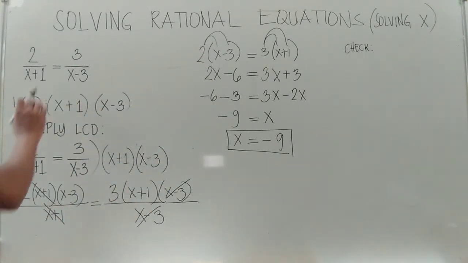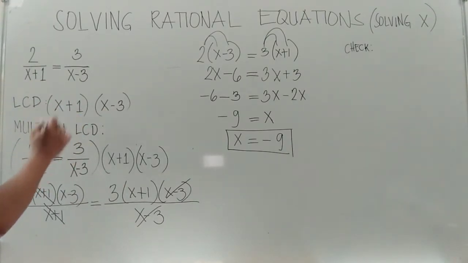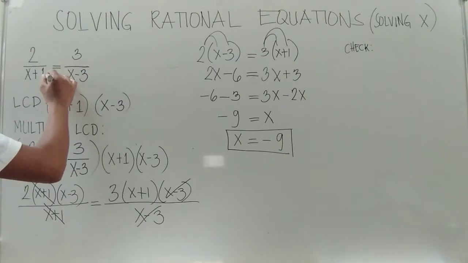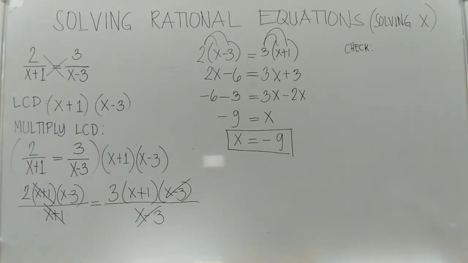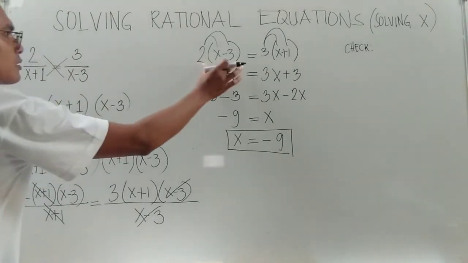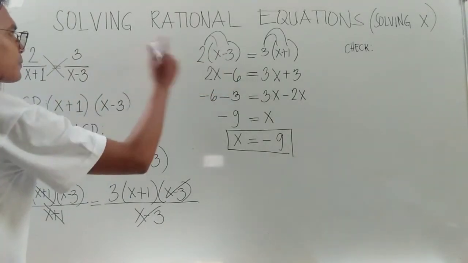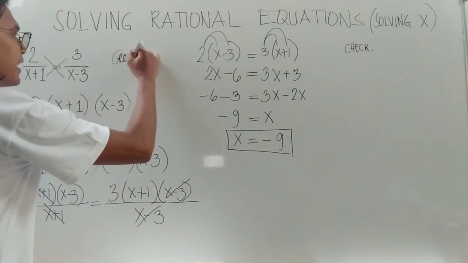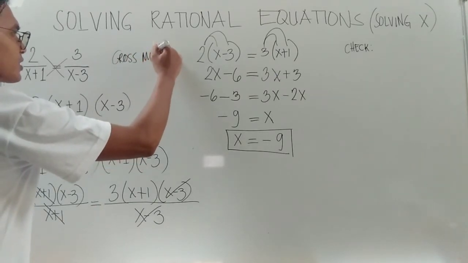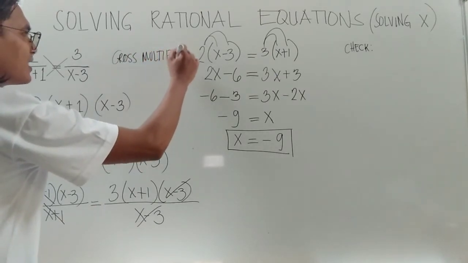So for shortcut reasons, they are using cross multiplication. So cross multiply, we have this one. So 2 times x minus 3. Okay? So another way again is to cross multiply.